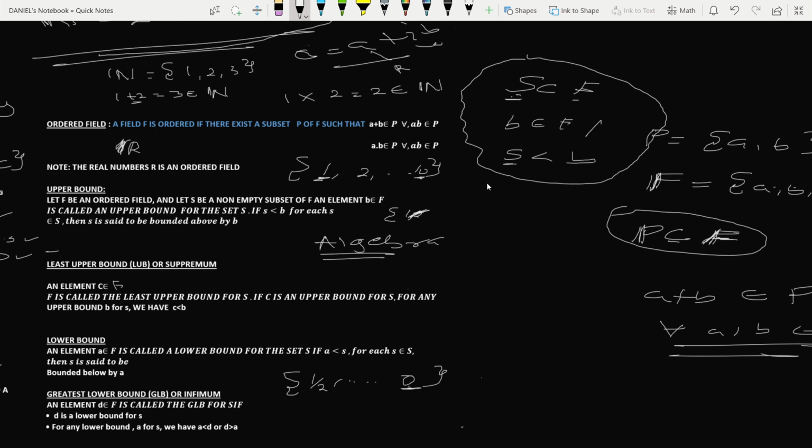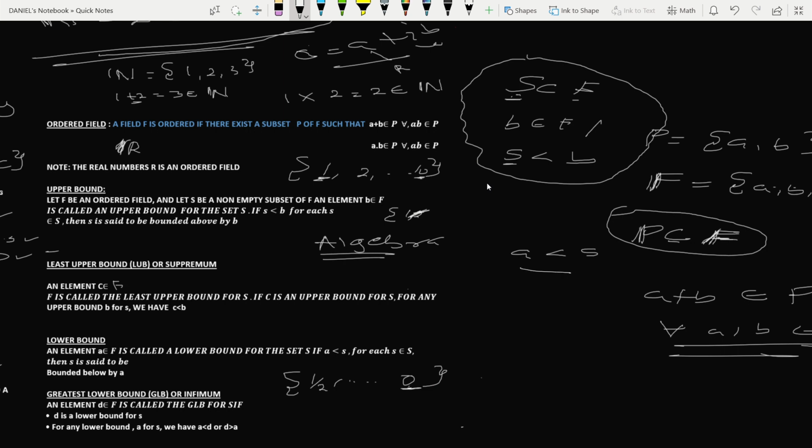In this case, you can see that A is in F. Do you understand? A is an element in F. It is called the lower bound for the set S if A is less than or equal to s. But this one is for when s is less than B, while for this one, it is when A is less than s.